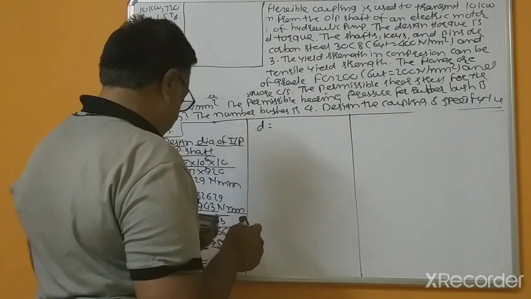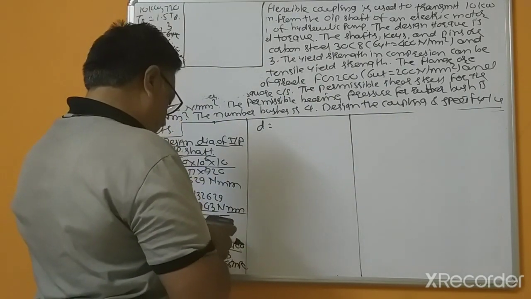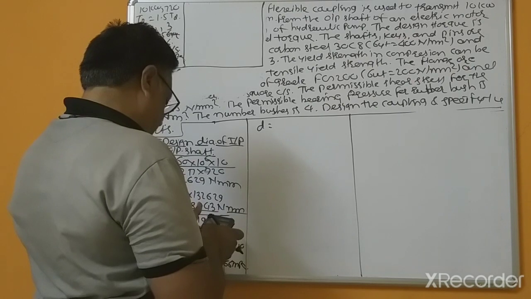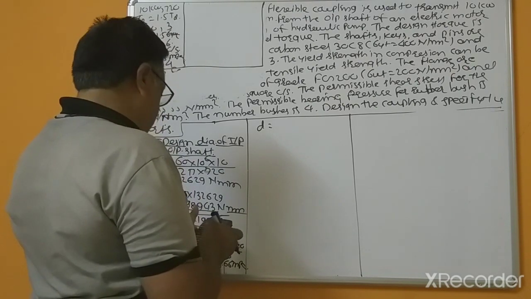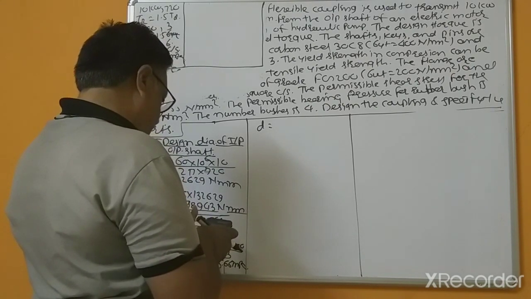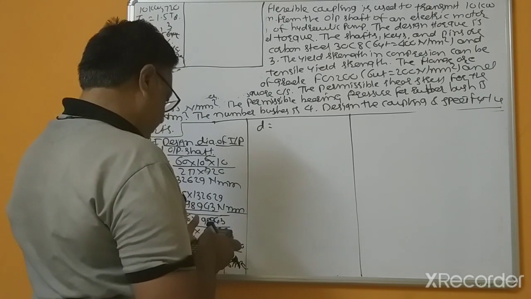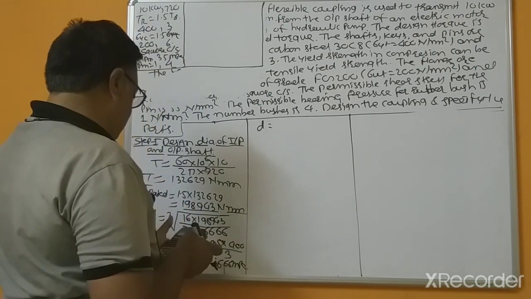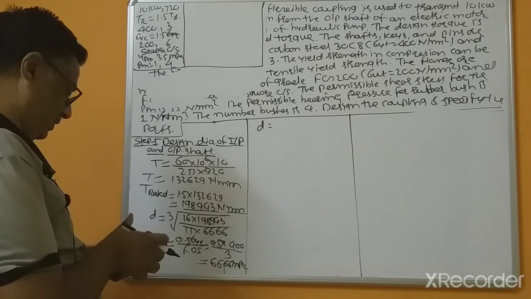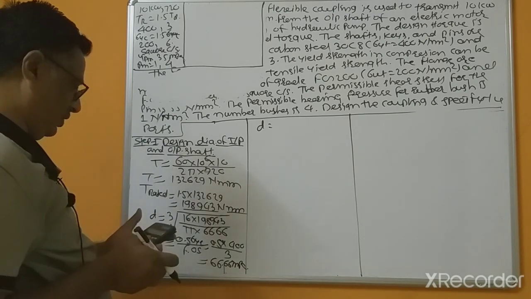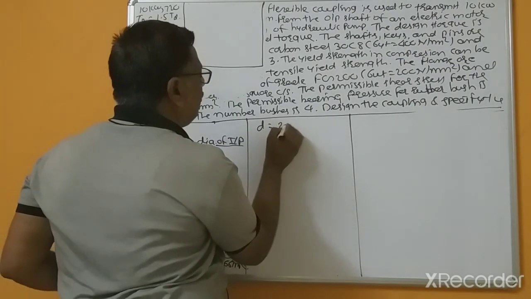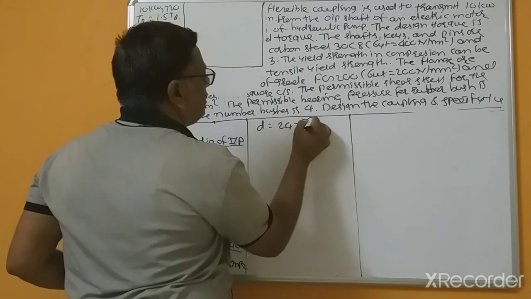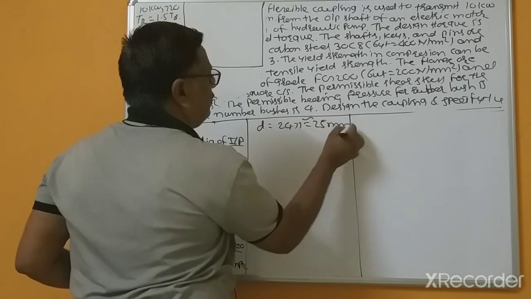D equal to cube root of 198,943 multiplied by 16 divided by pi and divided by 66.66. I got D equal to 24.77, so approximately this is 25 mm.